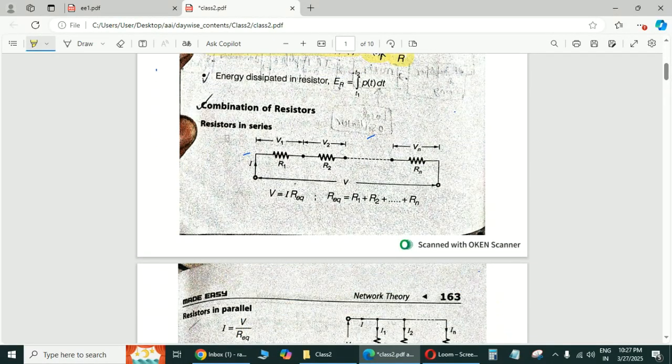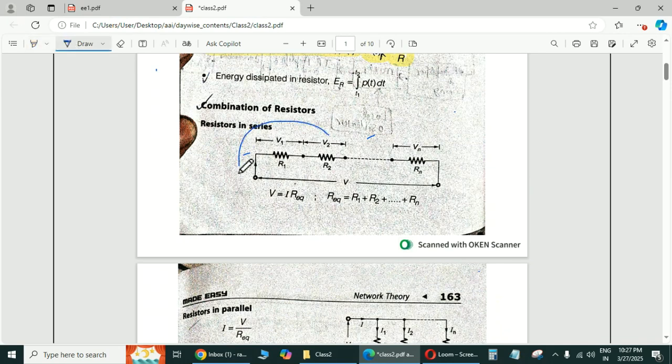Now resistors in series. This is a series connection of resistors. Suppose there are two resistances R1 and R2 connected in series. How to analyze whether resistors are in series or parallel? There are resistors R1 and R2, and only one end of both resistors is connected, and the second end is open.